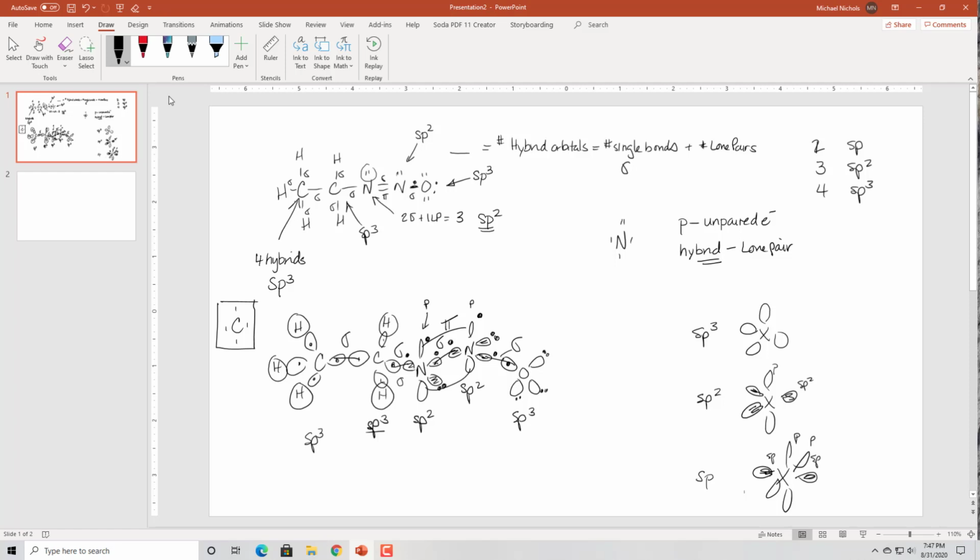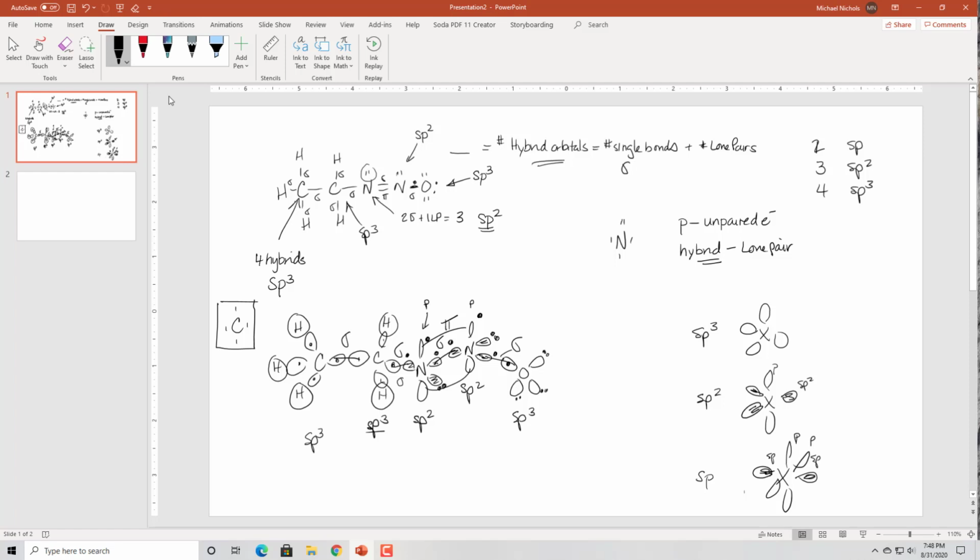So that's where we put the lone pairs of electrons around an atom. We have to first of all identify the hybridization by using this formula, then sketch out the hybridization of that atom, figure out what that atom is in terms of how many lone pairs and unpaired electrons it has, and then you distribute those into the orbitals where the unpaired electrons have to go in the p's, but the unpaired electron could also go in the hybrid orbitals.